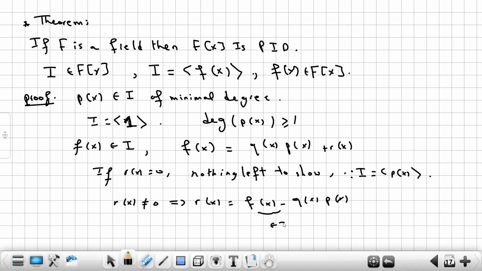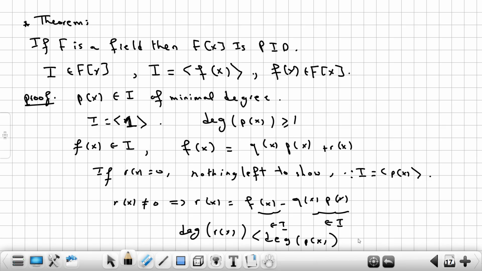This is in I also. So r(x) is in I, with degree, from the division algorithm, of r(x) less than the degree of p(x).